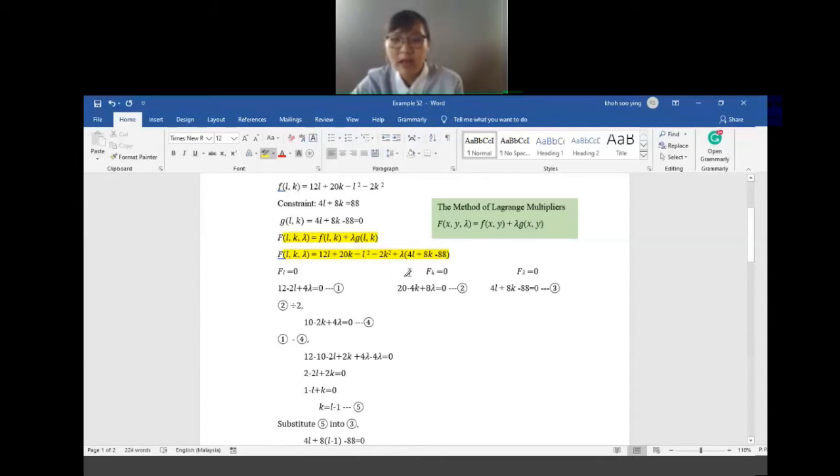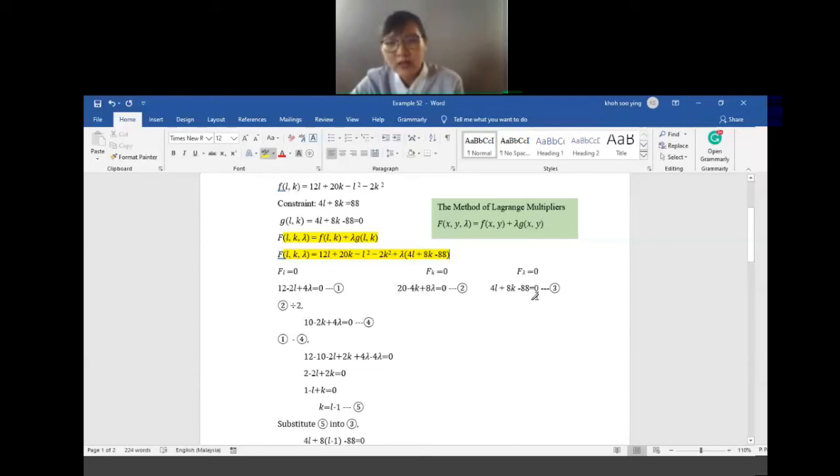It's the same to find F_K equal to 0 and F_lambda equal to 0. We differentiate with respect to the variables K and lambda respectively. And now we have 3 equations, so we need to find the L value, K value, and lambda.